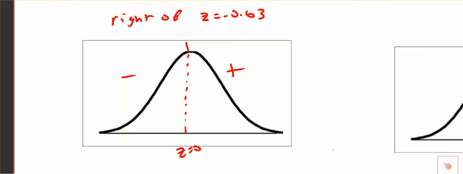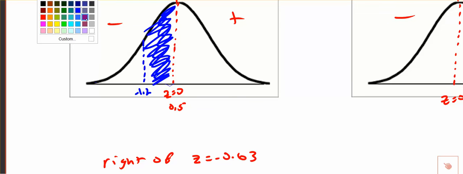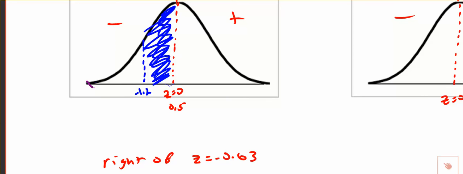So if I go back up here to my graph, this tells me that from here to here, the area there is 0.1151. Now I know from the left to the middle the area is 0.5. So to find out what's in between there, I would just subtract 0.5, that whole area, minus 0.1151, and that would equal 0.3849.